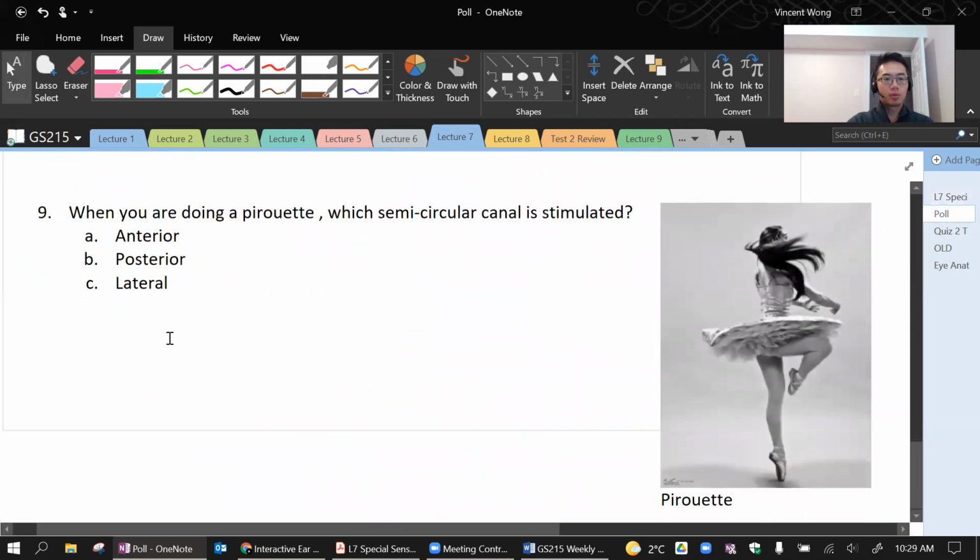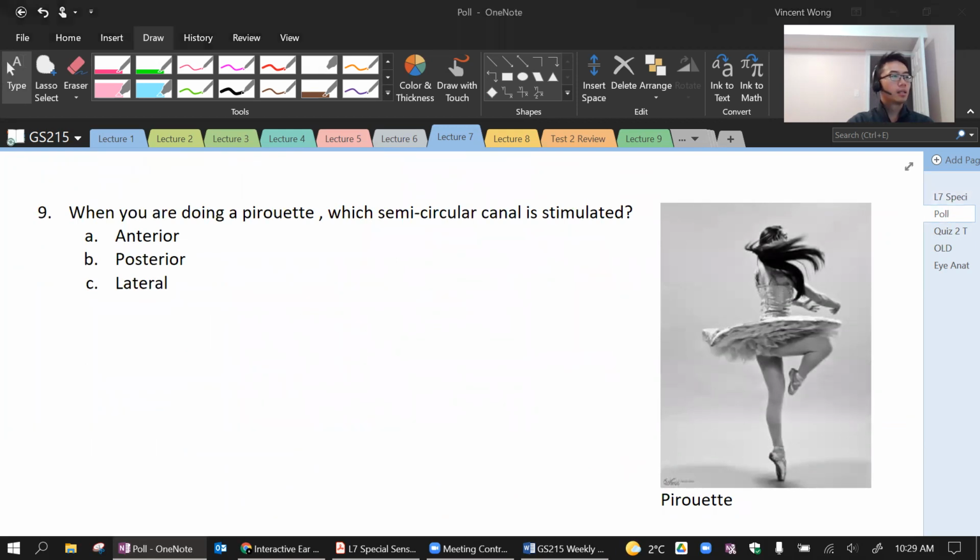Okay. Any more polls? Let's see. Okay, this is just another one. Let's see if you guys can do that. This is a pirouette.